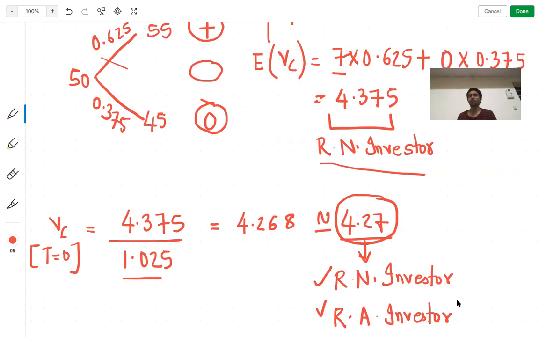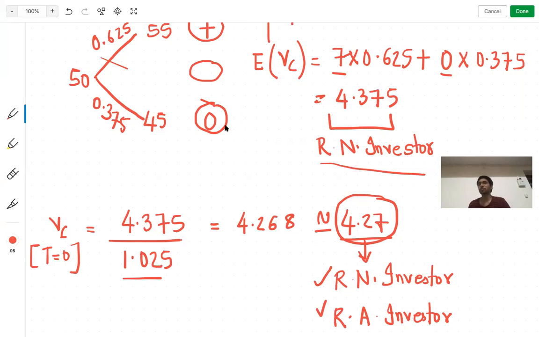The second way of proving it is, let's say you are a risk averse investor. The probabilities of 0.625 and 0.375 will not hold good for you, the reason being, these are the probabilities of a risk neutral investor. Your probabilities are going to be different from these two.